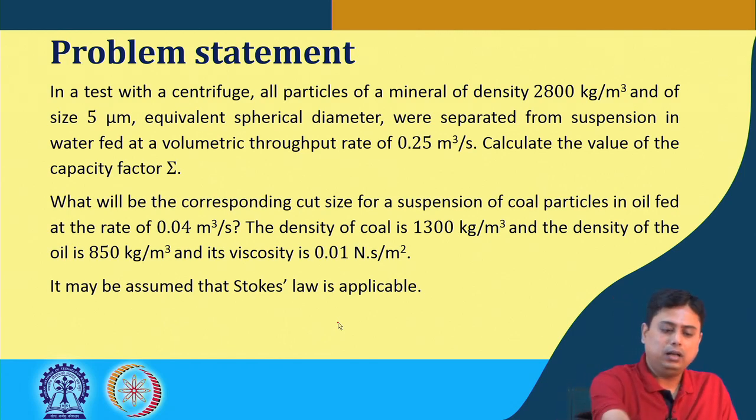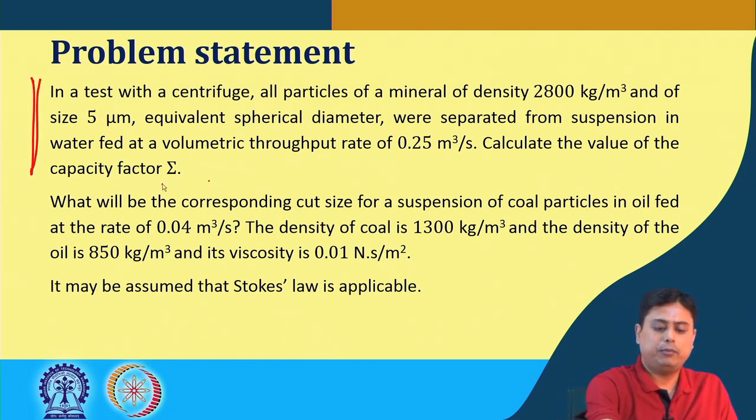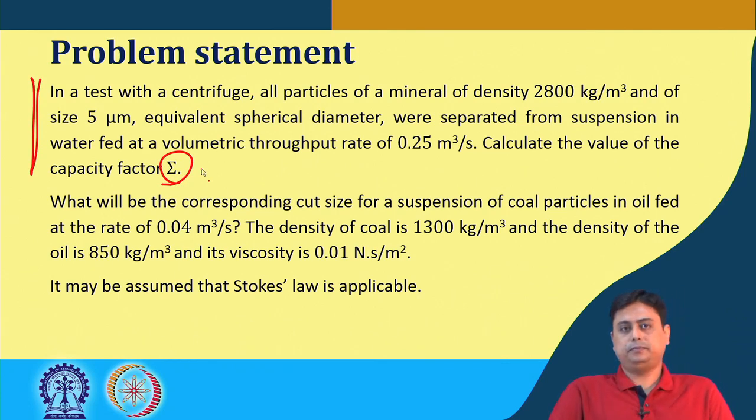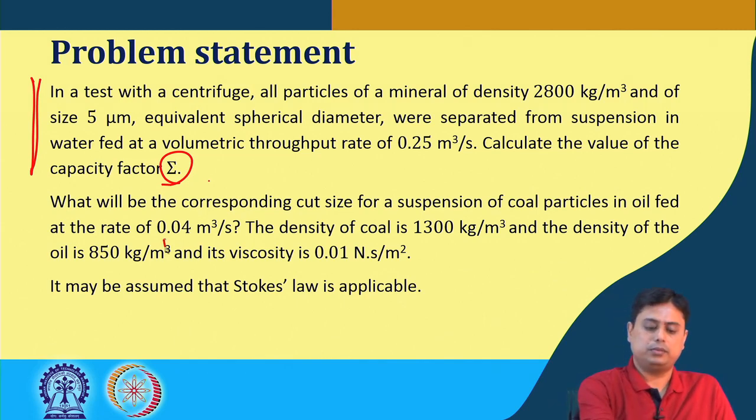So, for the first part, all the information is given, we have to find out the capacity factor. Now, for the same centrifuge, if we change the feed from water to oil having coal particles of different density, then the question is what would be the cut size, or the critical size that it can separate at this given flow rate.